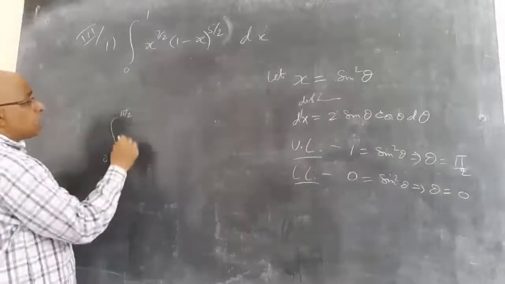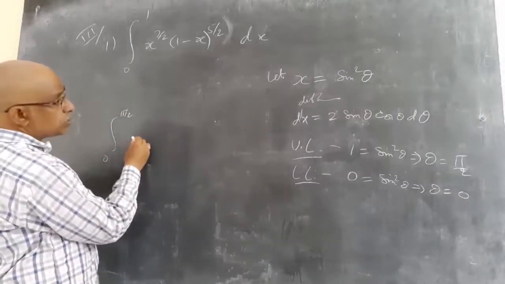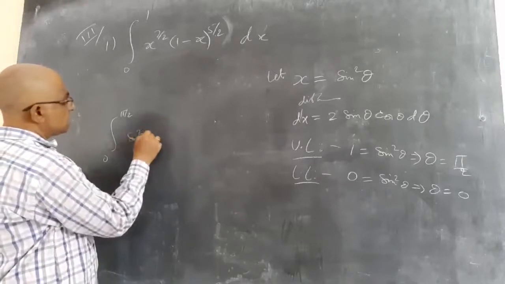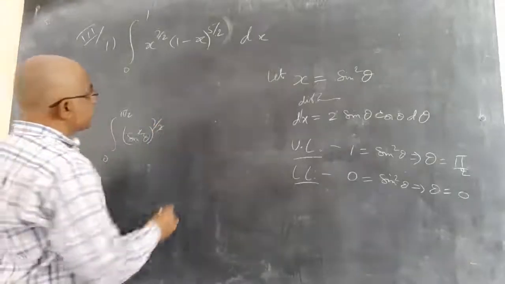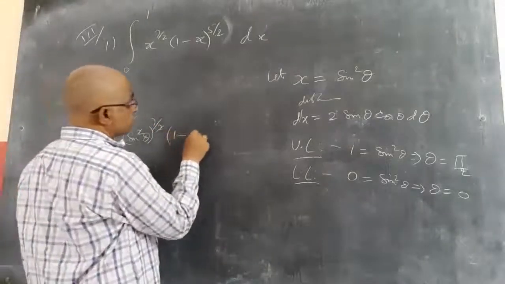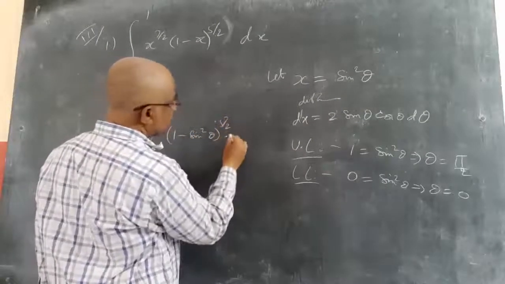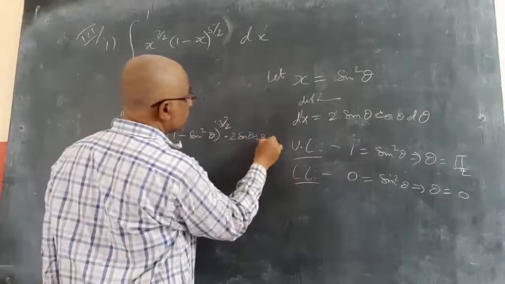I will get, for x, substituting sin square theta whole power 7 by 2, that is sin power 7 theta. And this is (1 minus sin square theta) whole power 5 by 2. Instead of dx, I can write 2 sin theta cos theta d theta.